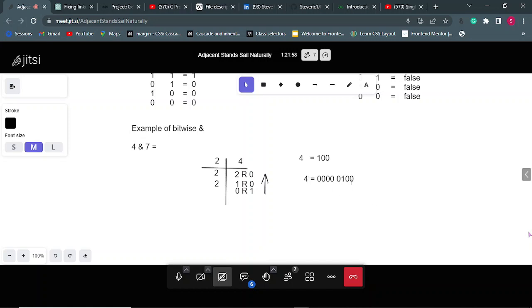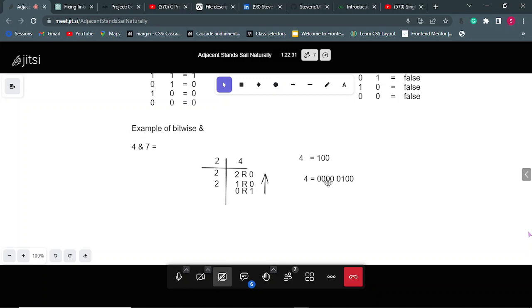That is 1 2 3 4 5 6 7 8. 8 bits give me a byte. Now this 100 here is the binary of 4. So for me to complete all this, I have to include all these 0s and complete the cycle.